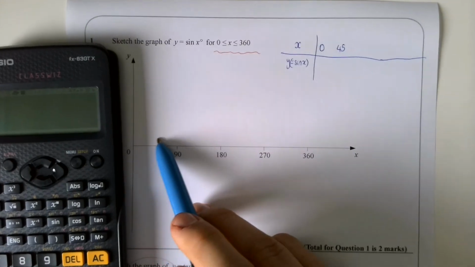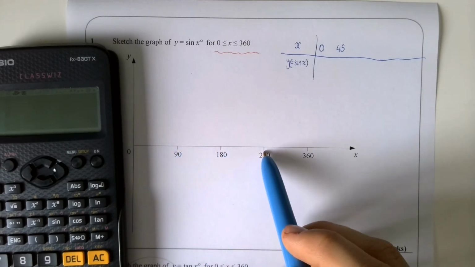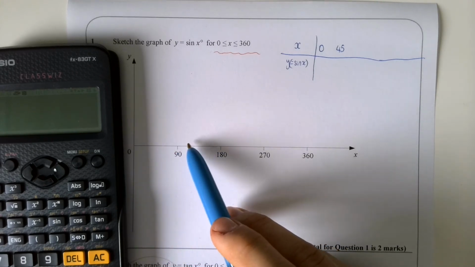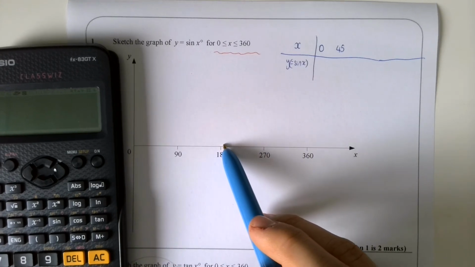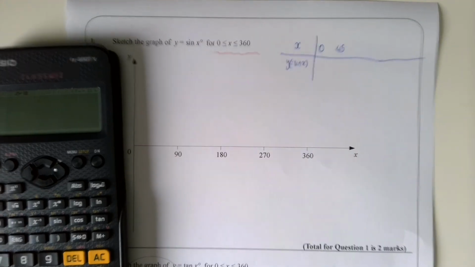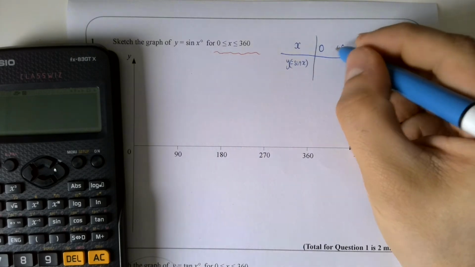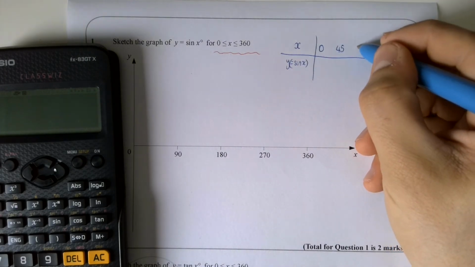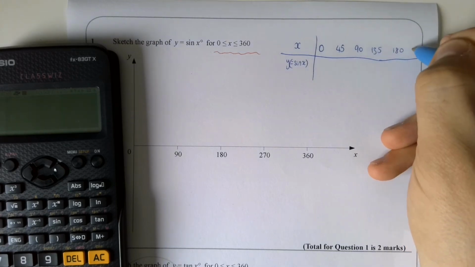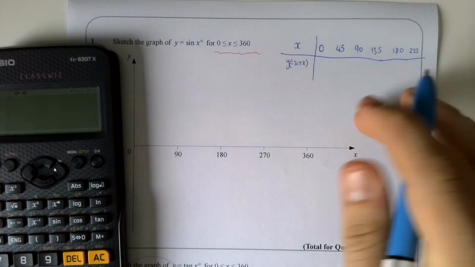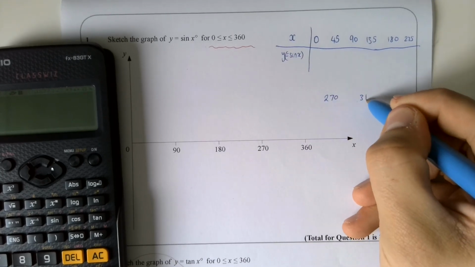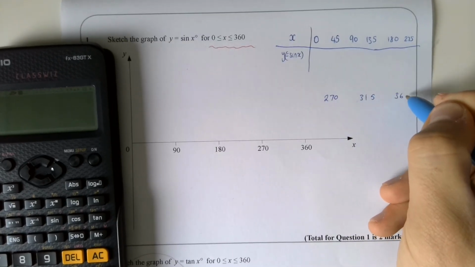You can see that this jumps up in 90s, so we are going to plot a point at 45, 90, 135, 180, 225 and so on, just to make it a little bit more accurate. So 0, 45, 90, 135, 180, 225, 270, 315, 360.